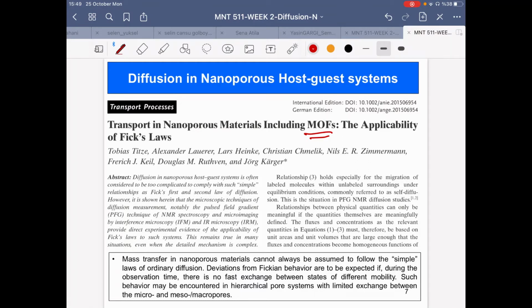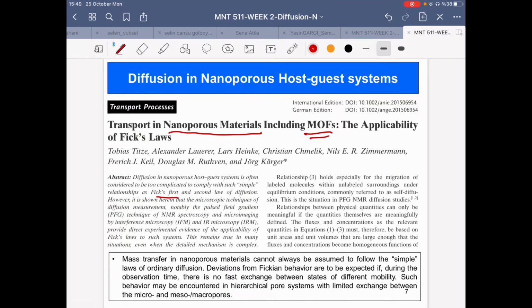So this paper discusses how much of what's happening in a nanoporous material for transport, including MOFs, is applicable when we consider Fick's law. They say diffusion in nanoporous host gas systems is often considered too complicated to comply with such simple relationships as Fick's first and second law of diffusion.